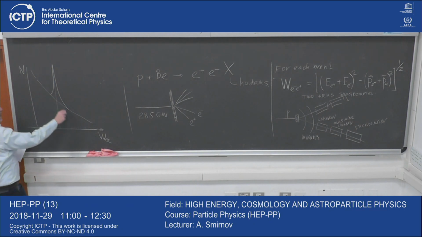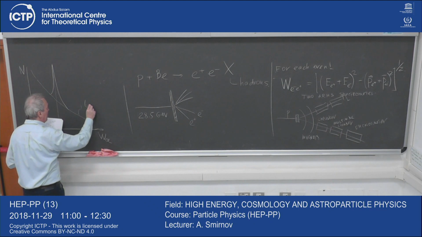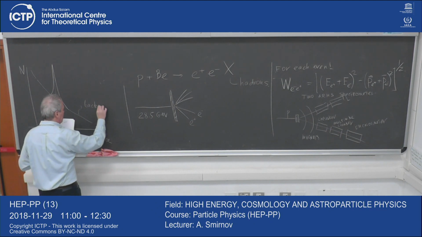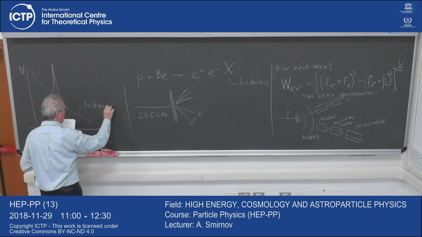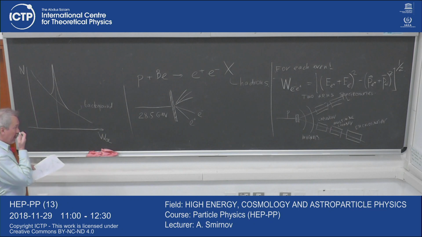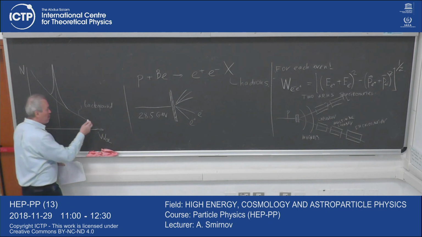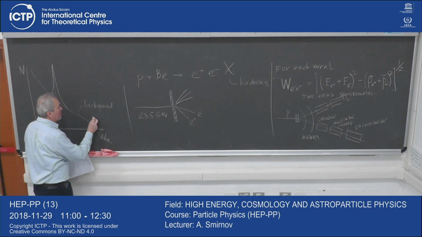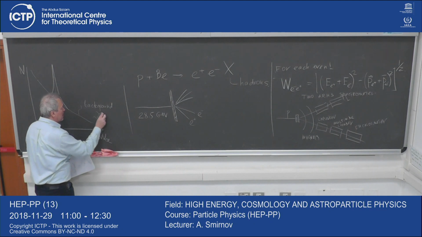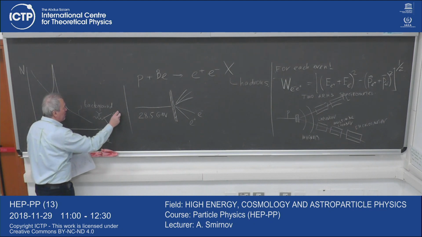Which consists of background, and these are events in which e plus and e minus are produced electromagnetically. So there is a gamma and then e plus and e minus.